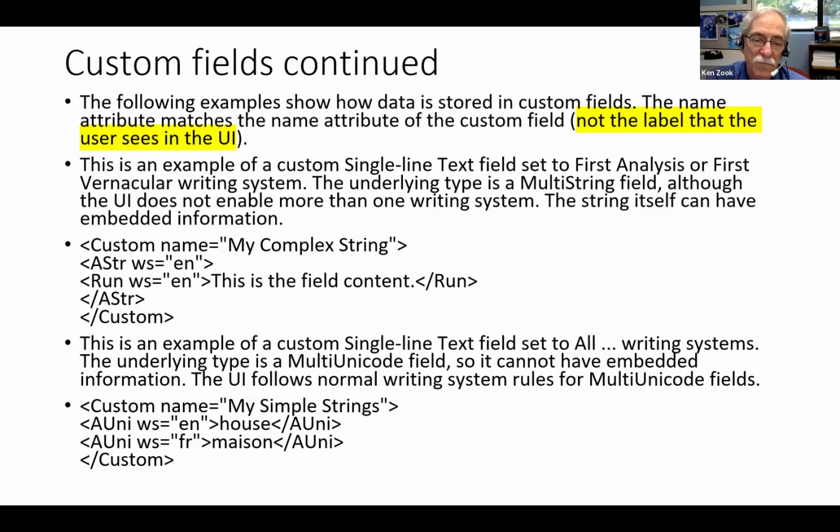So it's very similar to a MultiString where it has an AStr and then one or more Runs. And then this is an example of a custom single line text field set to all writing systems. The underlying type is a MultiUnicode field, so it cannot have embedded information. The UI follows normal writing system rules for MultiUnicode, so it has the custom name and then AUni for each of the strings in the field.